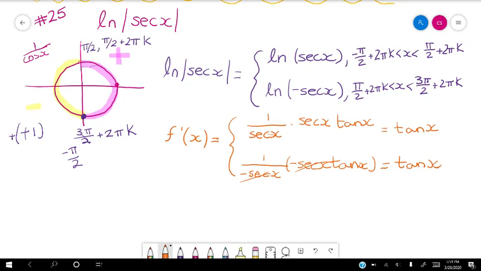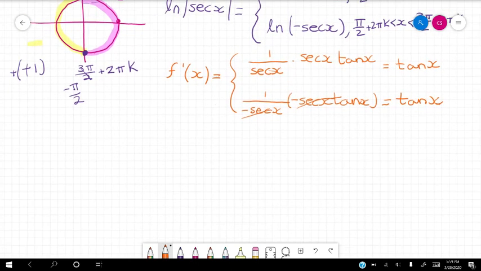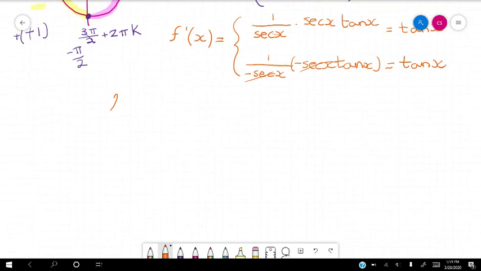We're still left with tangent of x. So because they're both equal to each other, we don't have different derivatives for those 2 separate rules. That means then that the derivative of the natural log of the absolute value of the secant of x is equal to tangent of x.